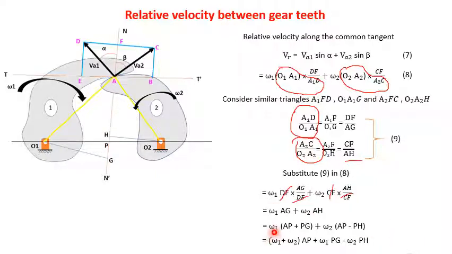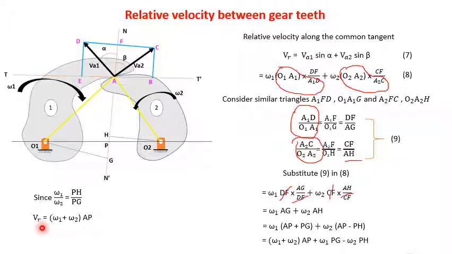So I will take omega 1 plus omega 2 as common. AP is a constant, so it comes outside, and the remaining terms are omega 1 PG minus omega 2 PH. And we know that omega 1 divided by omega 2 is equal to PH by PG, from the previous derivation.